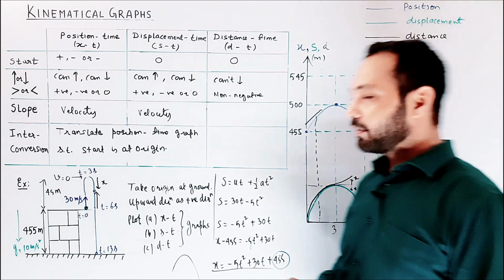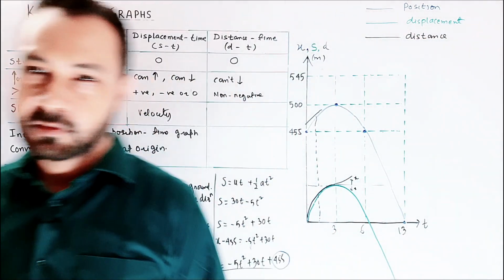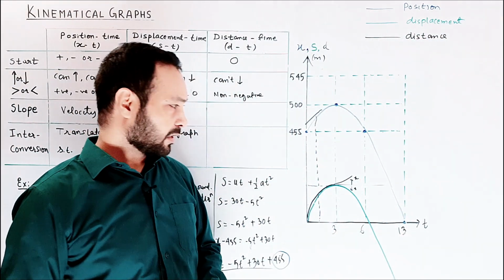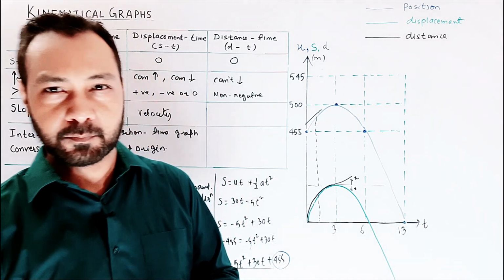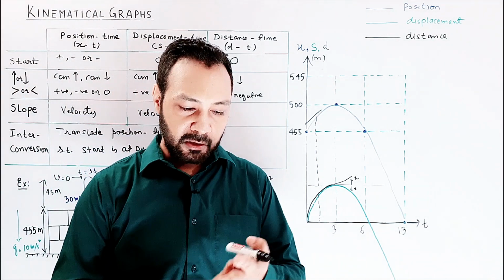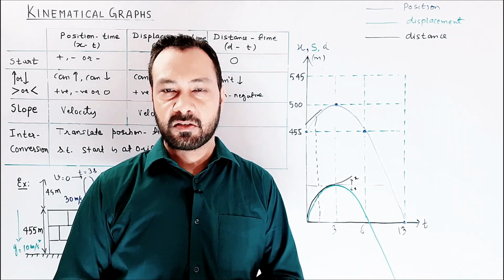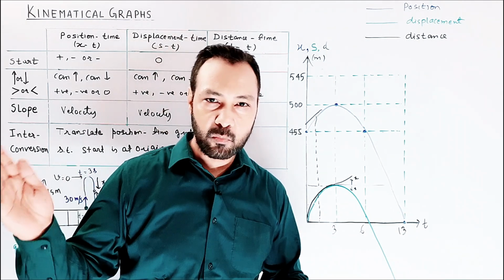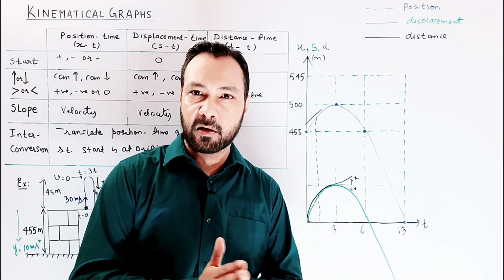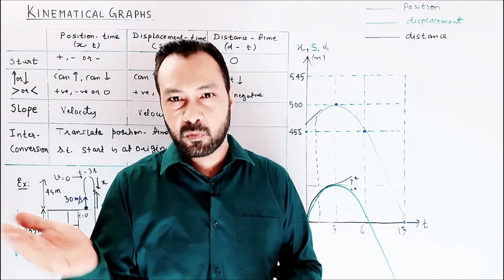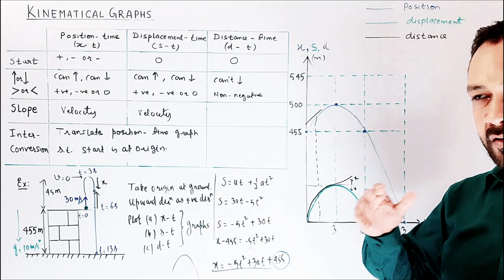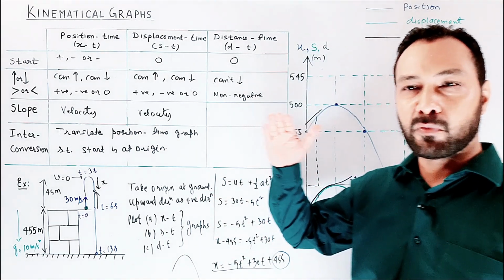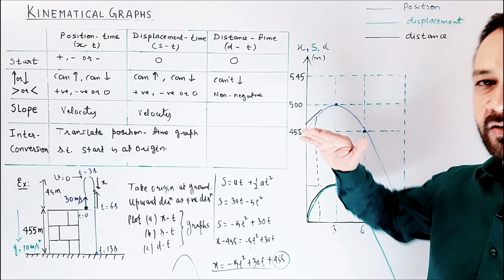So to convert between the displacement time graph and the distance time graph, the first thing you should note is that if there is no turning, the magnitude of displacement is the distance, number one. From the moment turning occurs, make a line parallel to the t-axis from that moment, and then the distance time graph is the mirror image of the displacement time graph.